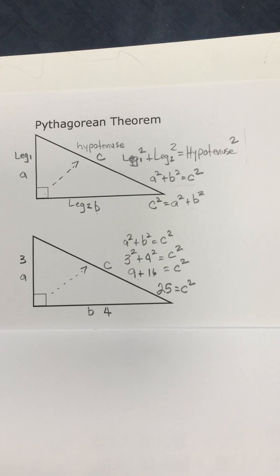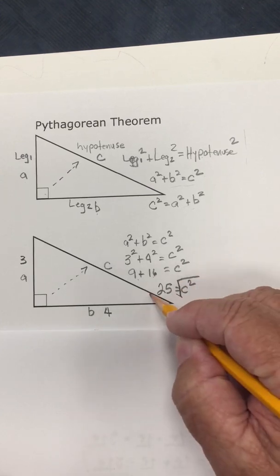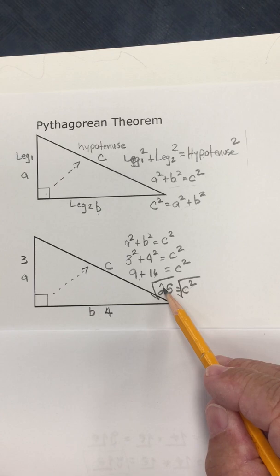Are we finished? No, we're not, because we have C squared and we just don't have C. So when we try to cancel out a square, all we have to do is take the square root, and it cancels it out. It's like 1 over 1 is 1, or 2 over 2 is 1. It's the same thing. So if we take the square root, what you do on one side, you have to do on the other side.